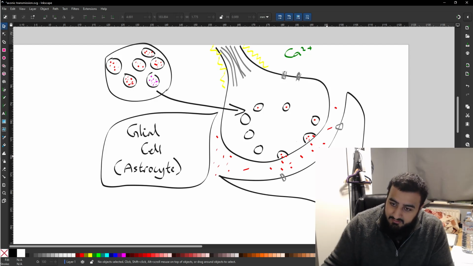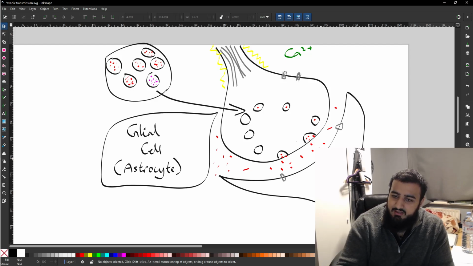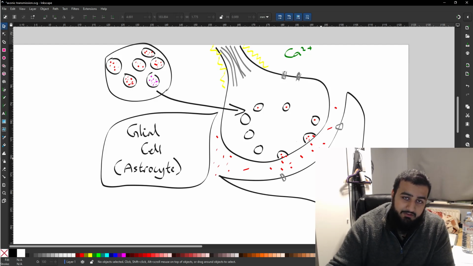When it does reach the other side, it's accepted by the receptors on the postsynaptic neuron, and essentially a graded potential occurs on the other side. This graded potential, whether it's excitatory or inhibitory, is dependent on the neurotransmitter.